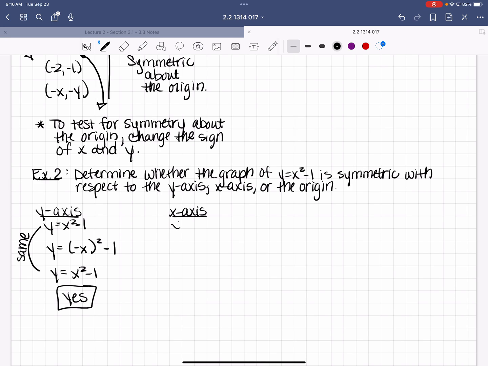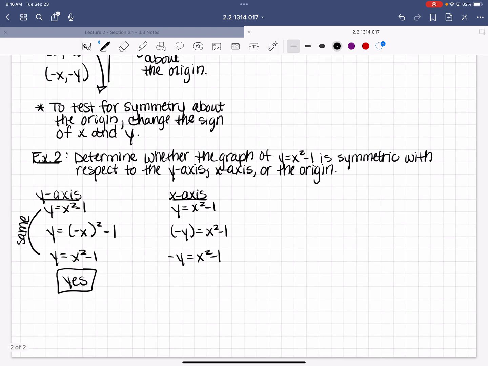Okay, so I've got y equals x squared minus 1. This time I change the sign of the y because I'm testing about the x-axis. So I have negative y equals x squared minus 1. Well, guys, that's really just negative y equals x squared minus 1. I need to get y by itself again because that's how it originally started out, right?